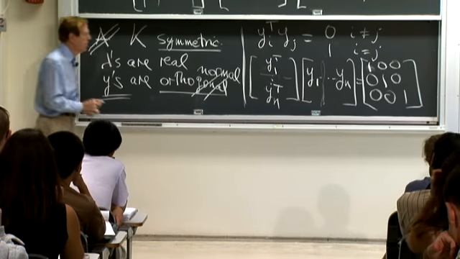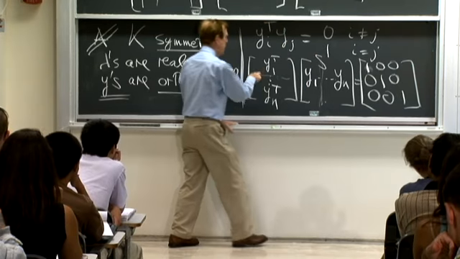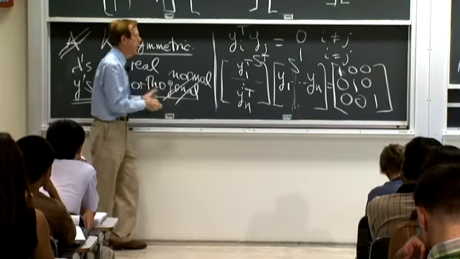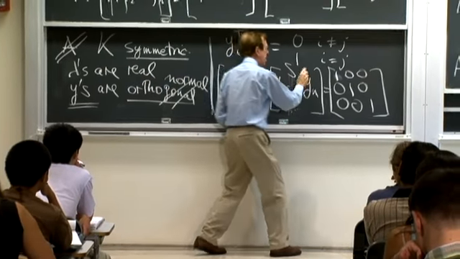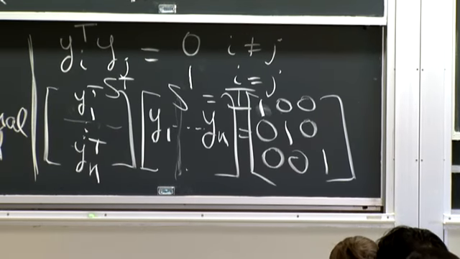Okay, now, so this is the eigenvector matrix, S, and this is its transpose. So I'm saying that for a symmetric matrix, S transpose times S is I. Well, that's pretty important.